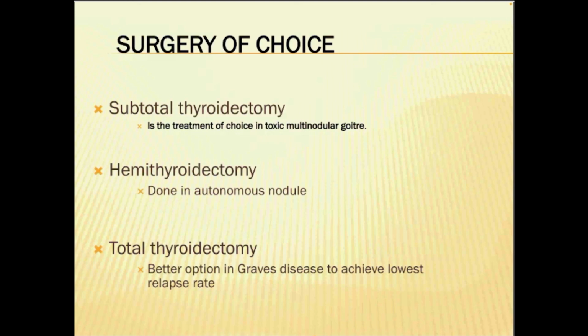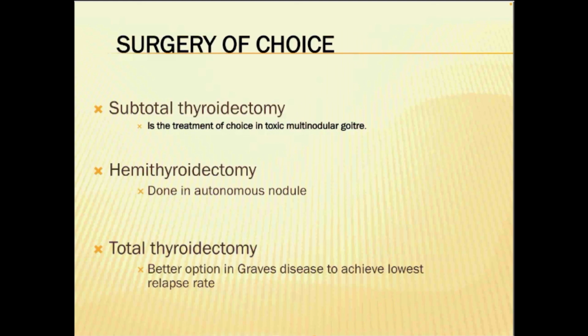In subtotal or near total thyroidectomy, the right or left lobe is removed along with the isthmus, and the opposite lobe is also removed. For example, if we are going for a near total thyroidectomy with a lesion in the right lobe of the thyroid, we will remove the right lobe entirely, and also the isthmus, and around 10 milligrams of the left lobe will be left alone.